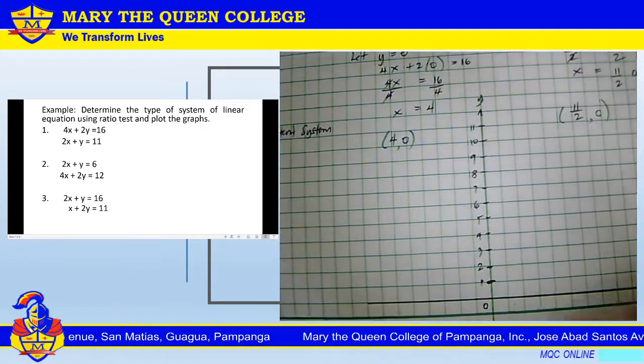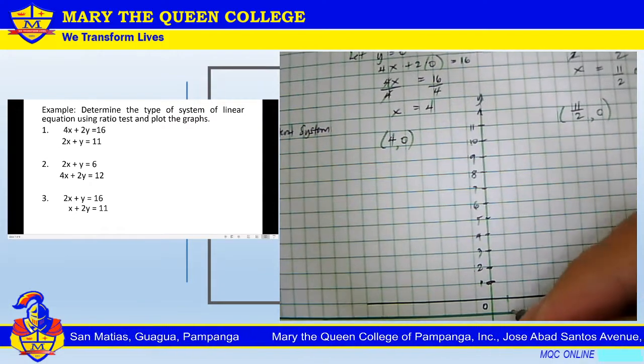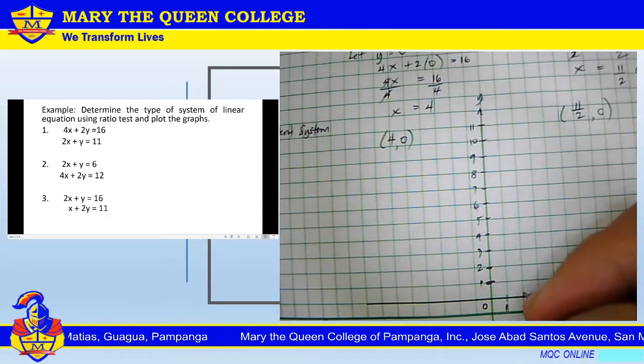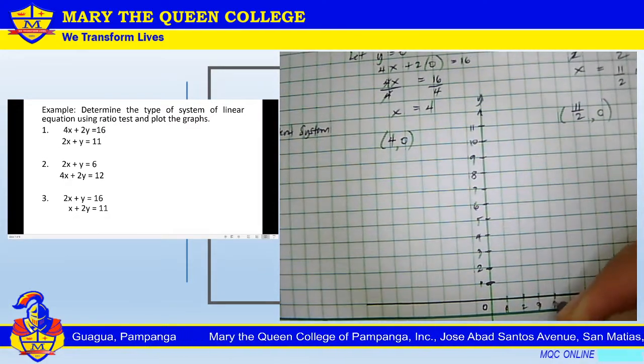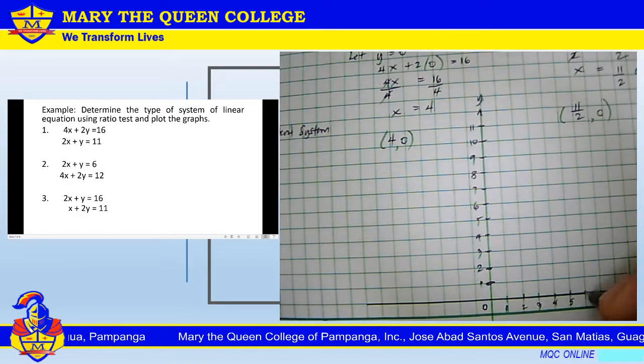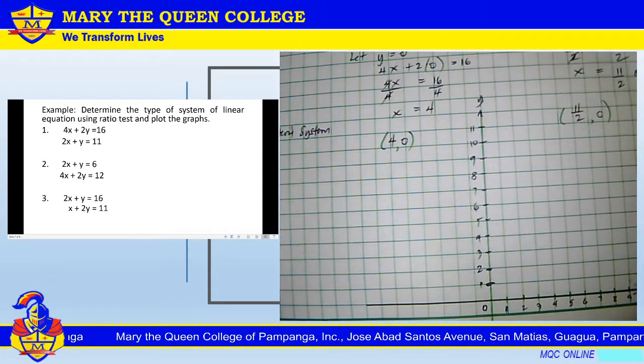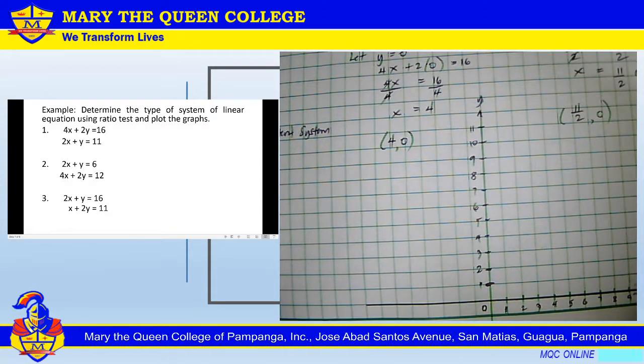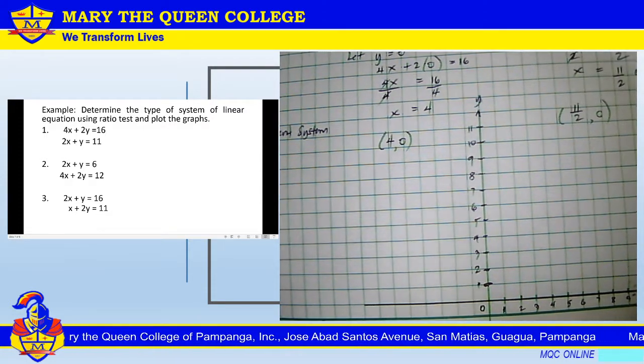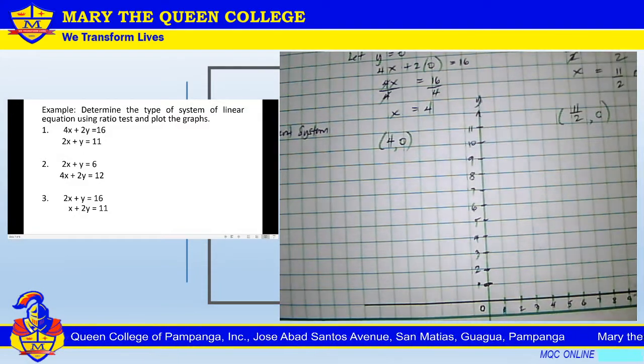Then for our x-axis, we have 1, 2, 3, 4, 5, 6, 7, 8, 9, 10, 11. Okay?